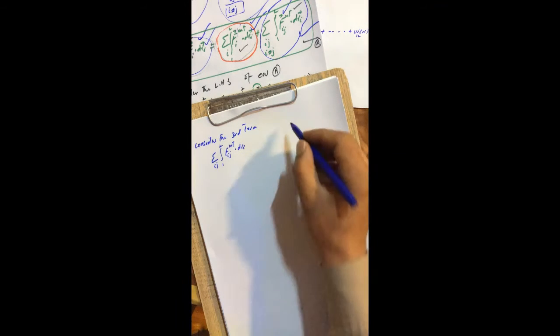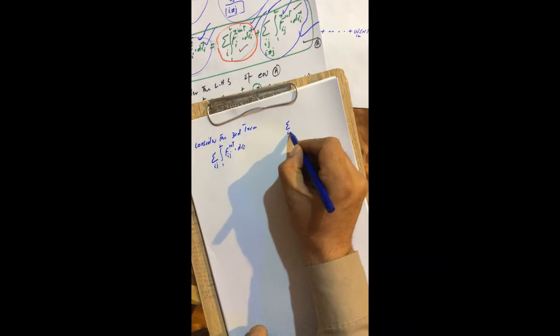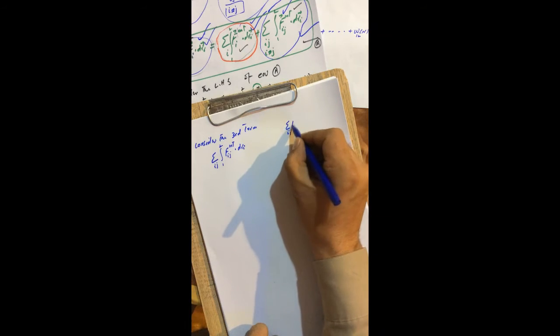Now this sum over ij, and we have this Fij.